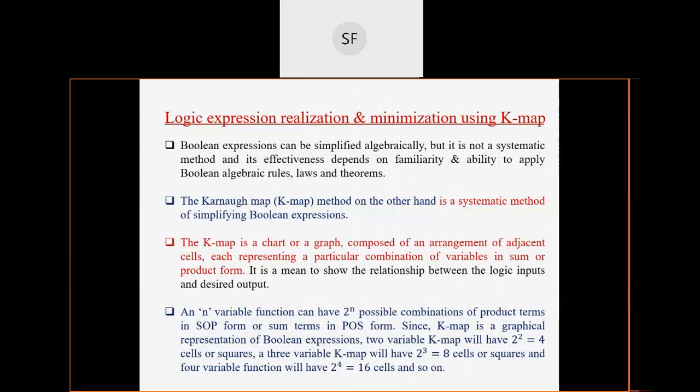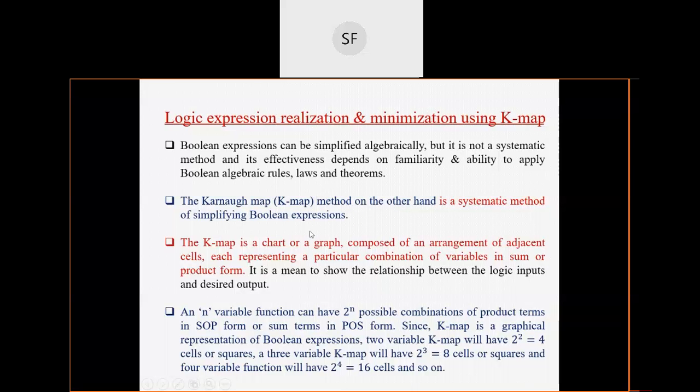So by simplifying or minimizing the Boolean expression, we are actually making our resources less, so that the cost of the digital circuit will also be less. Just remember this point, why we are going for simplification and minimization: we require our digital circuit to be cheap, and less resources should be used.